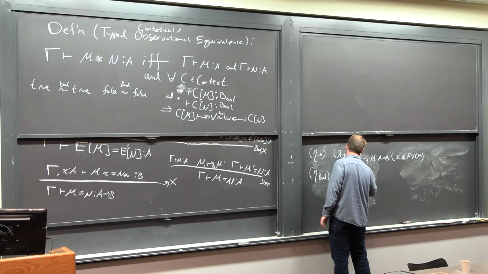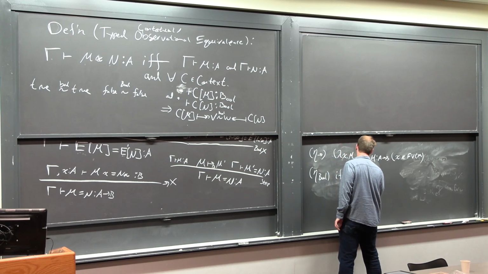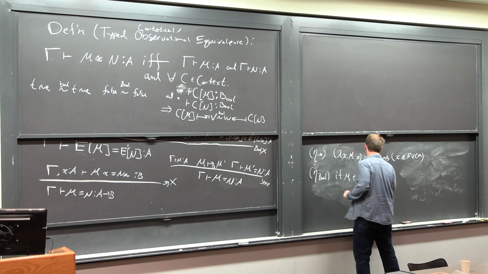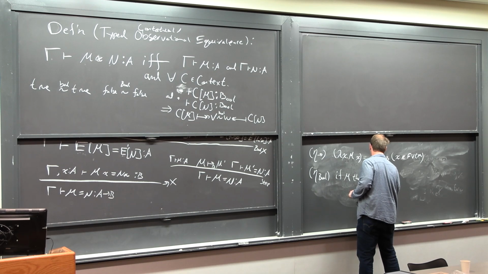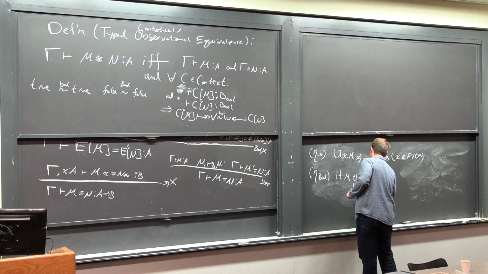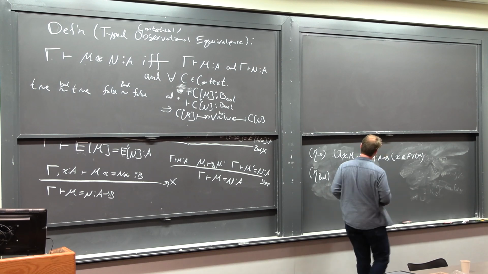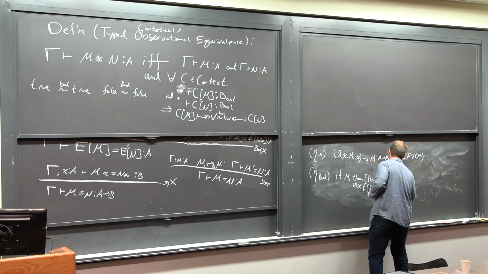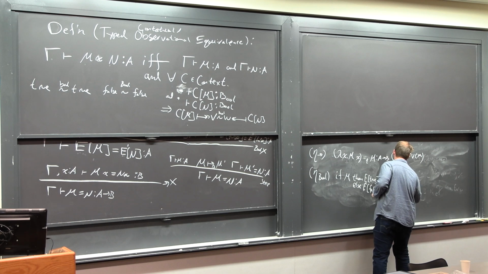Suppose I have an if-then-else where I'm checking m. And if it's true, then I plug true into the evaluation context E. And if it's false, I plug false into an evaluation context E. Is that then the same thing as saying E with m directly?